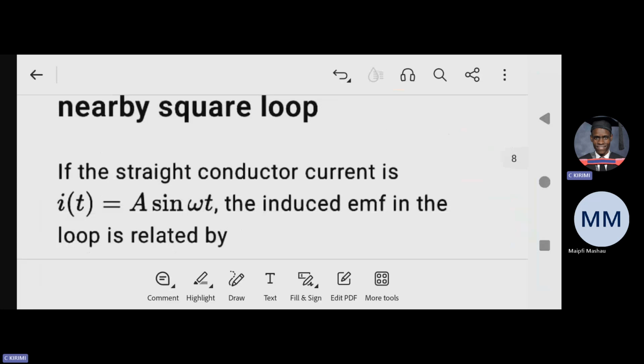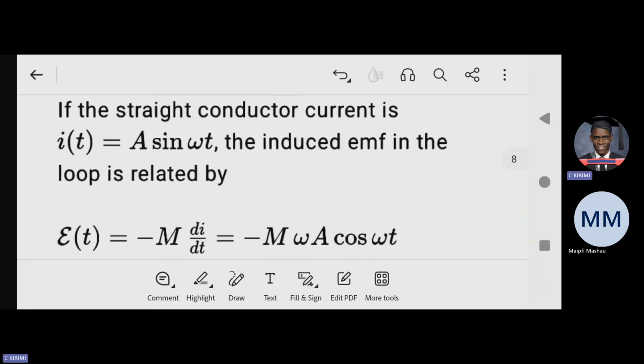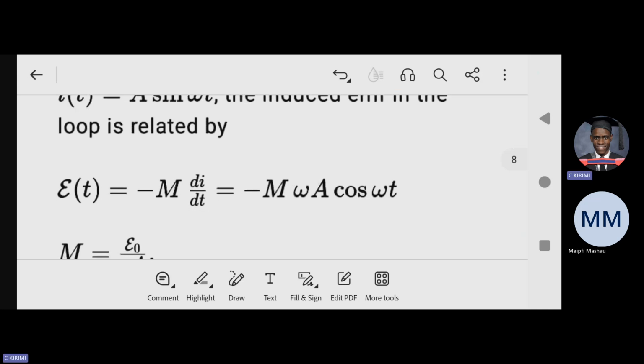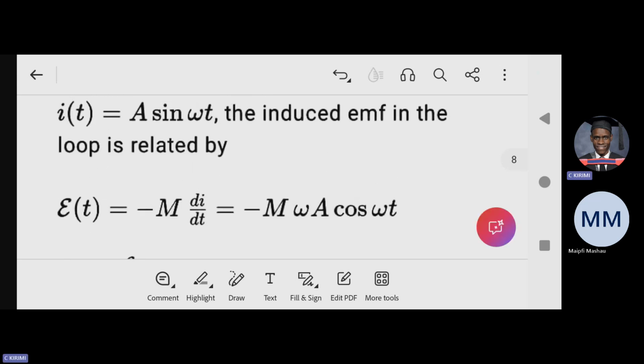The induced EMF in the loop is given by minus M di dt, which means you are differentiating the current with respect to time.